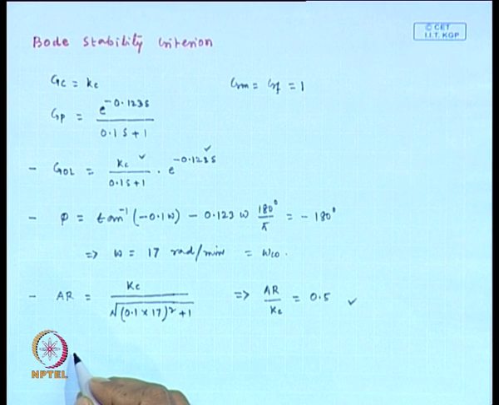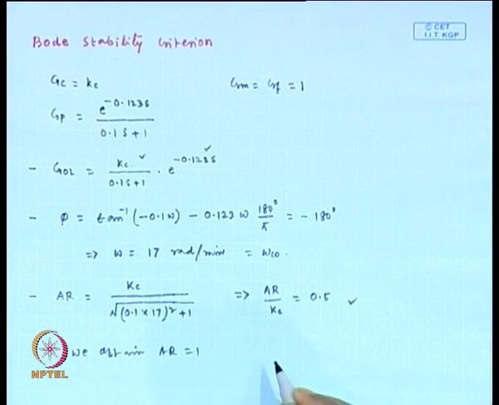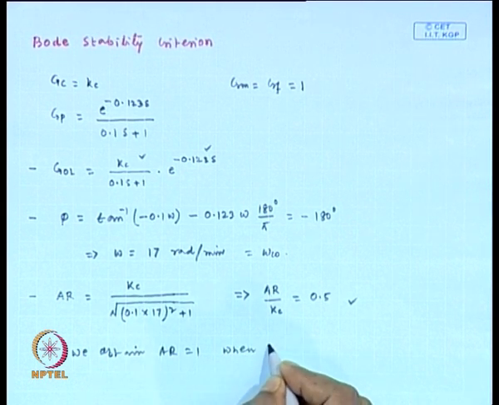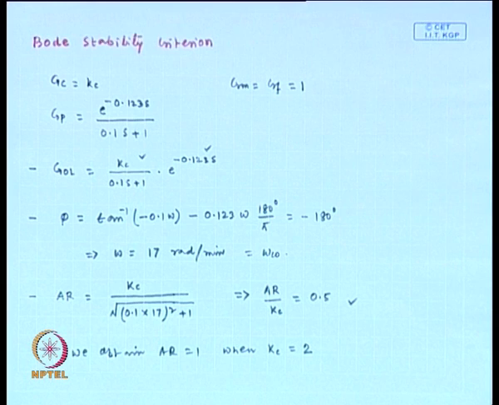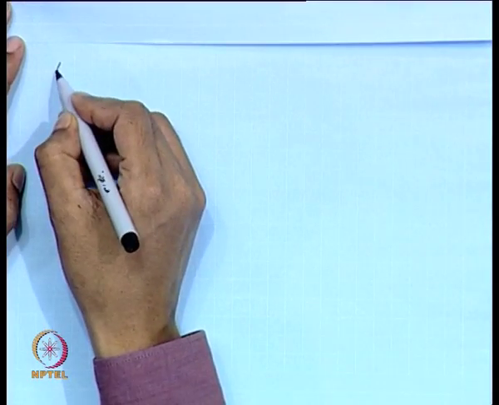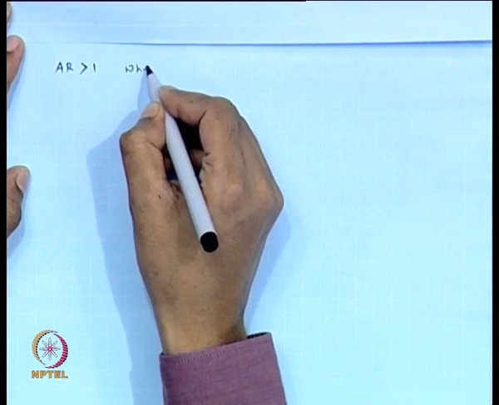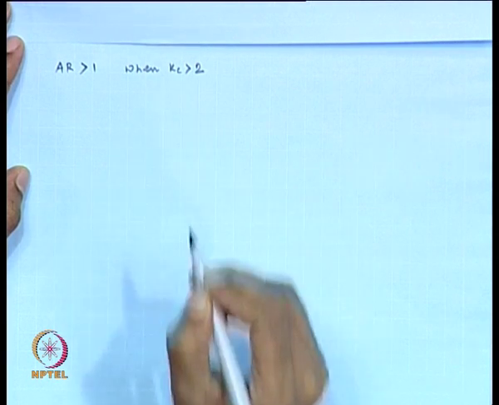Now, we obtain amplitude ratio 1 when Kc equal to 2. So, we can say that amplitude ratio we can obtain greater than 1 considering Kc greater than 2.